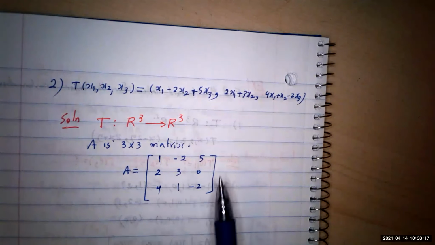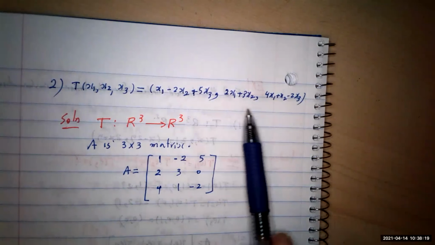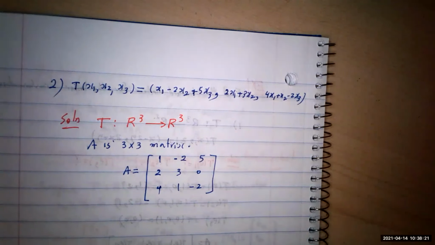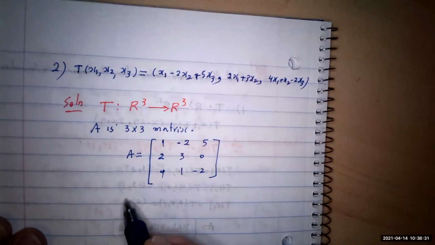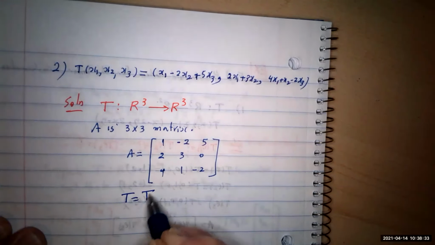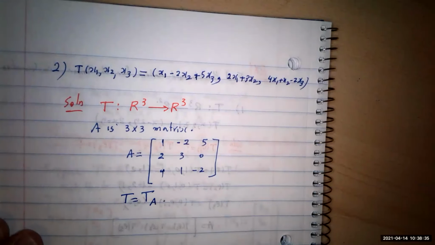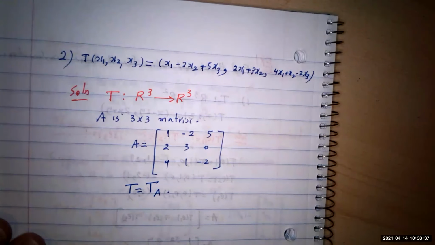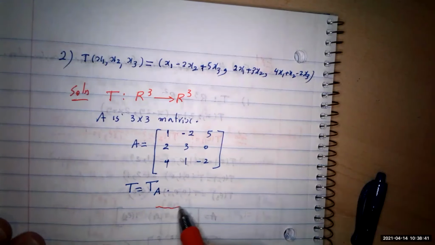It's a matrix of coefficients: think of each of these components as an equation in your system. So this is it. Your T is equal to T_A, and you know that T_A of x is A times x. So that's number 2.